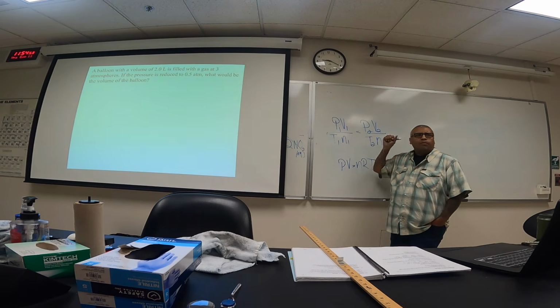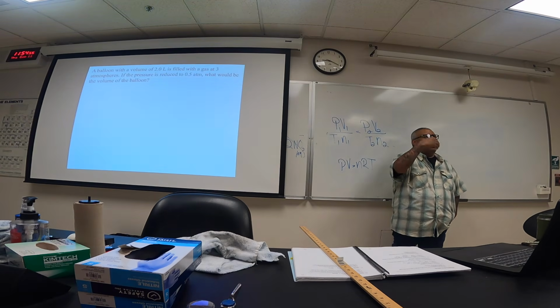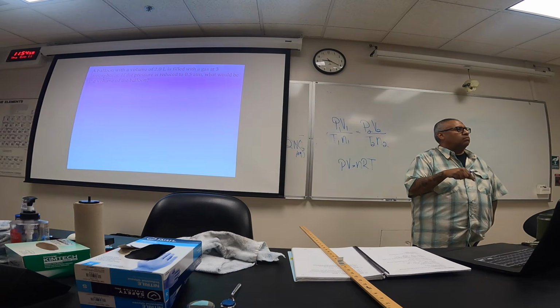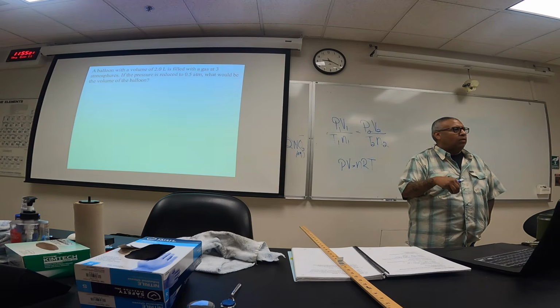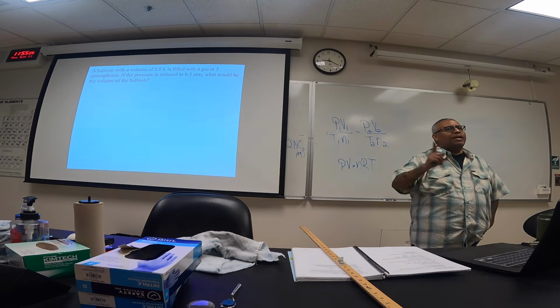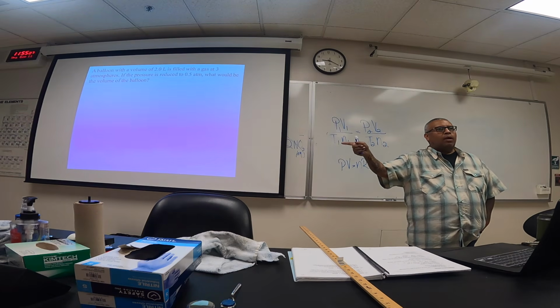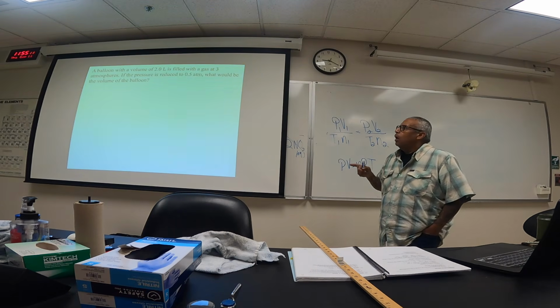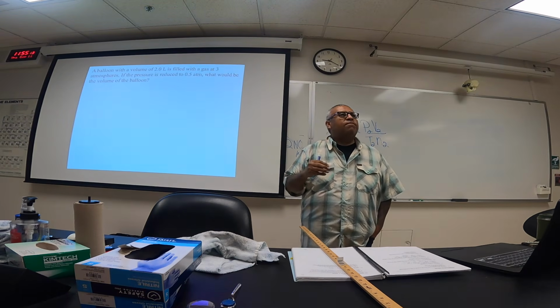For Boyle's law, for Charles' law, for Avogadro's law, something happened to the gas. We changed it somehow. I increased the number of moles, I decreased the pressure, I increased the temperature, and what was the effect of that? Right here. What was the final pressure?